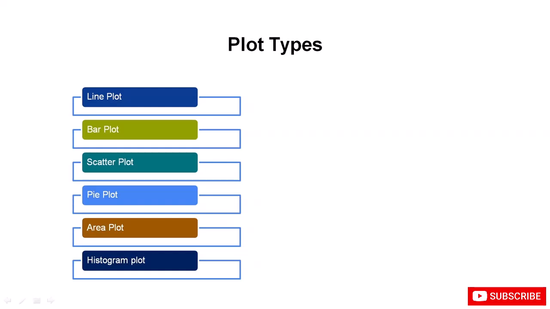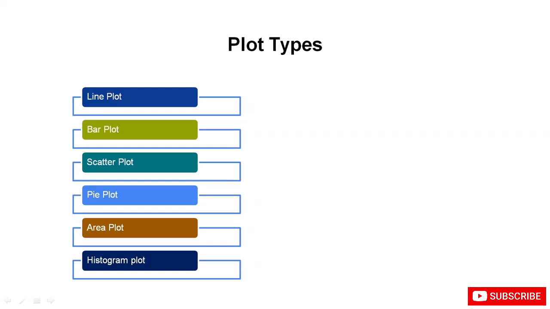Line plot is mainly plotting a line across XY axis, and in bar plot you will see rectangular boxes. And if you go for scatter plot, the points will be scattered across this graph.